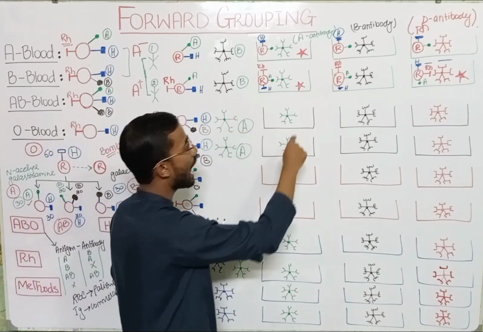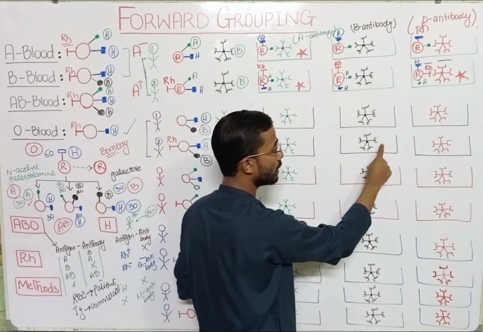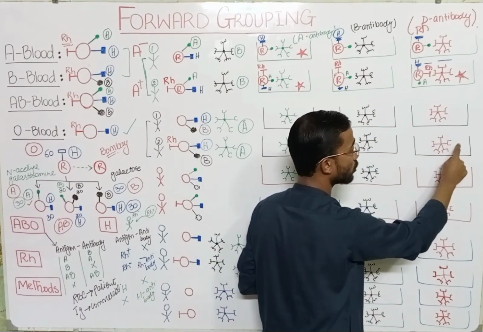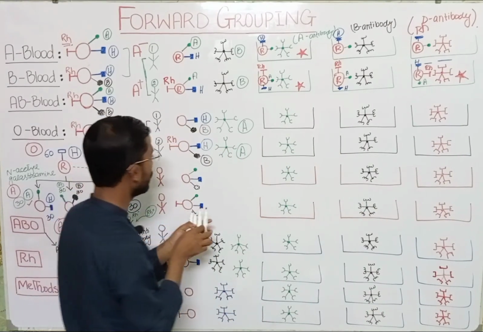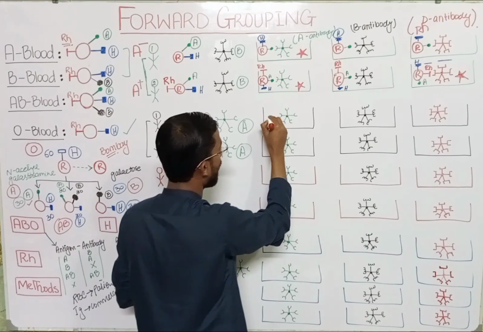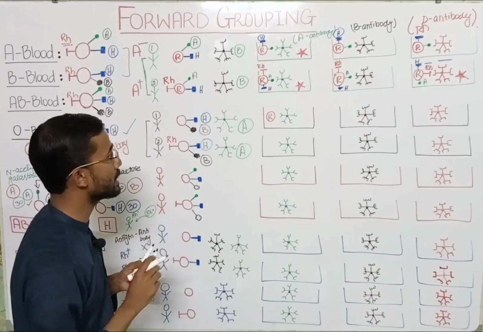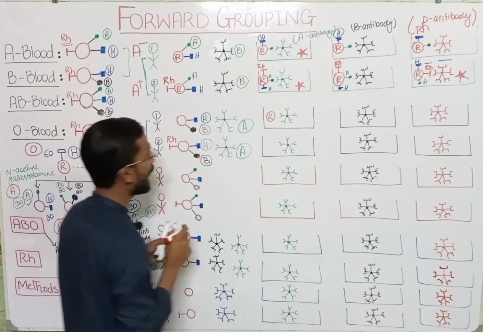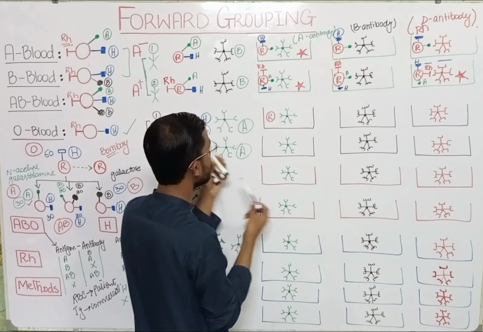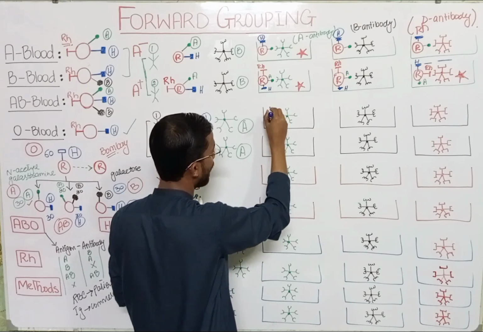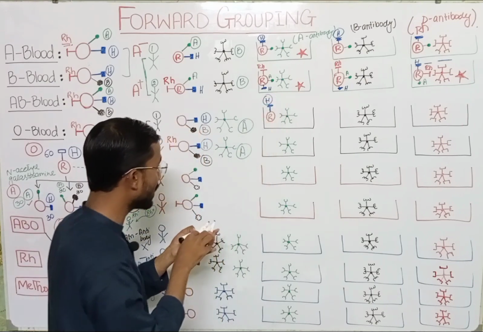Now same here, I add the A antibody in both, B antibody in these tubes, and D antibodies, or you can say Rh antibody in these tubes. And what will happen? So here you see I add the blood in this tube, and as we know, the RBCs contain the H antigen and what antigen?